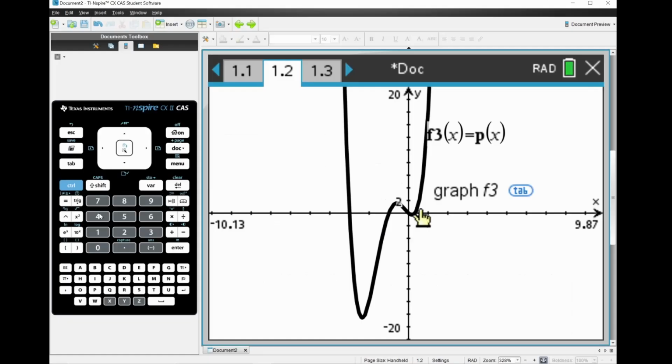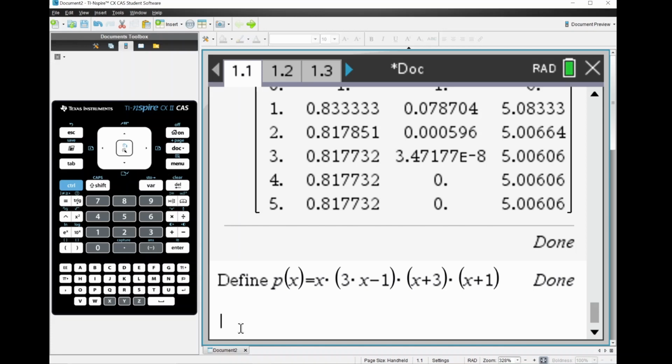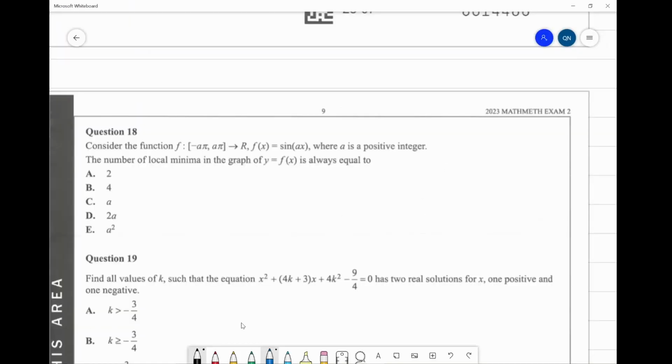Let's maybe just try a few examples. So we have define, well actually, we're going to solve local minima.